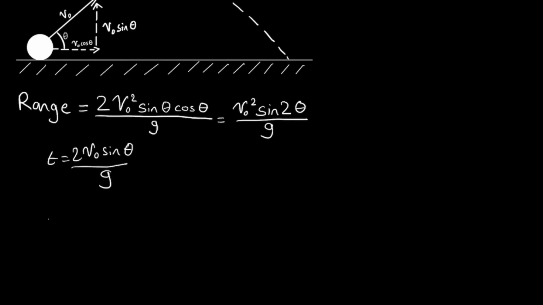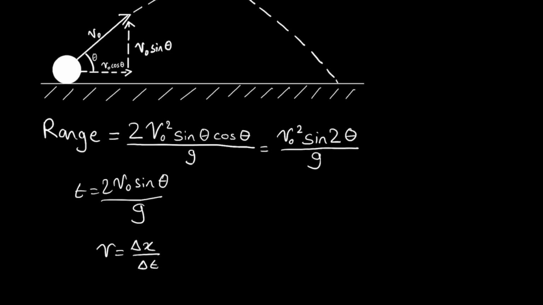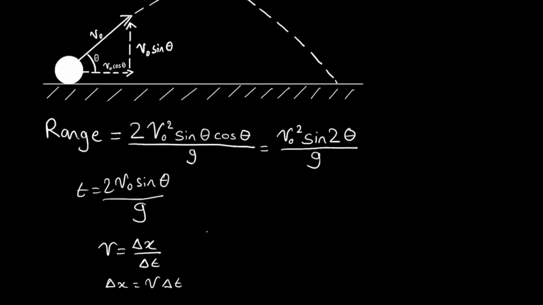We start with the definition of velocity, which is the displacement over time, and then we solve for the displacement, which yields the velocity times the time interval. Then we rearrange for position, which yields the velocity times the change in time, and now all we have to do is substitute in the values we know.